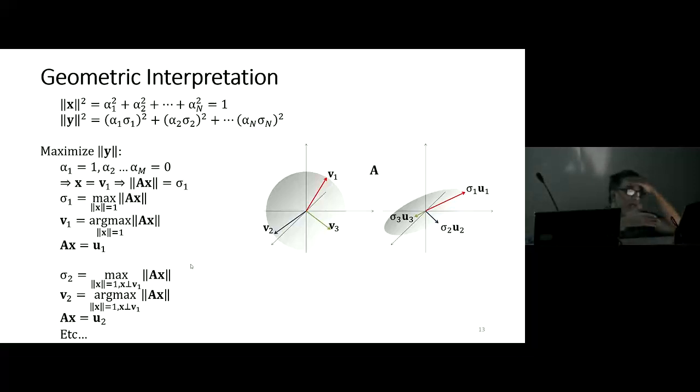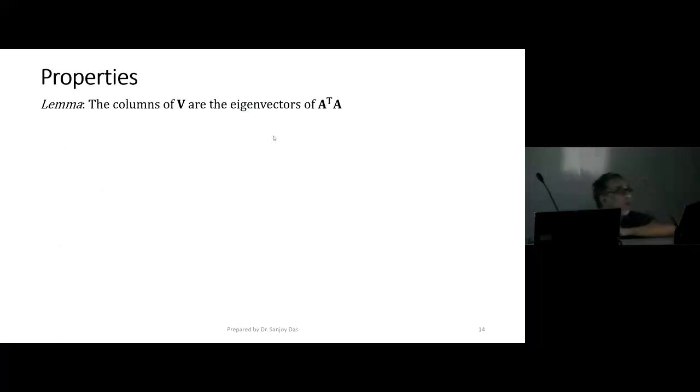Okay, so this geometric interpretation is very much like what we saw with spectral decomposition. Properties. You can see there's a close relationship between the two: spectral decomposition in terms of the eigenvalues and eigenvectors, and now the SVD.